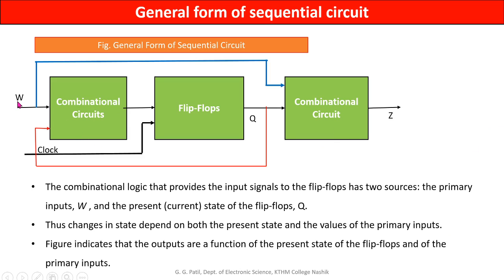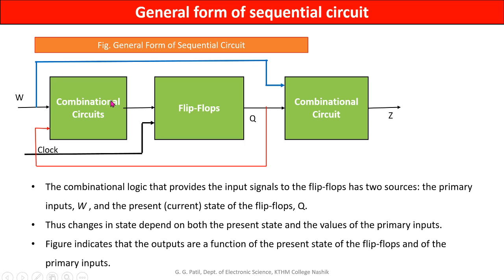W is the input to the input logic block. This combinational circuit block is also known as the input logic block. The other input to this combinational circuit is taken from the output of the flip-flop, that is Q. The output of the flip-flop is also known as the state of the machine, and is given as one of the inputs to this input logic block.